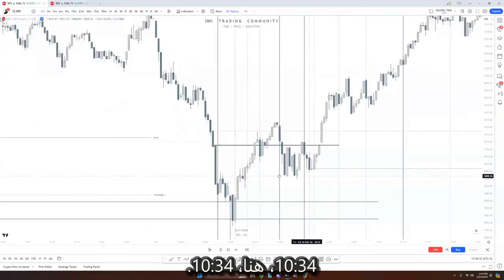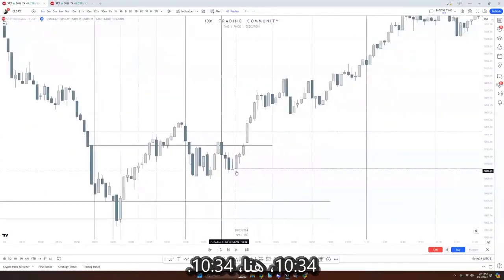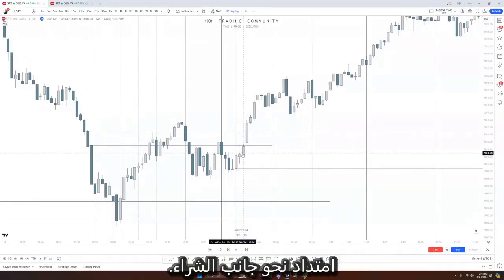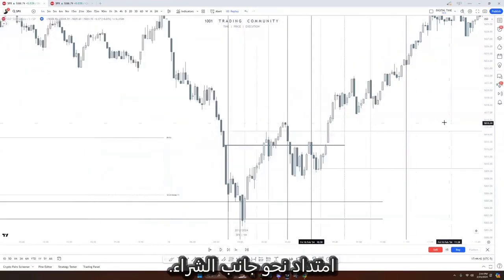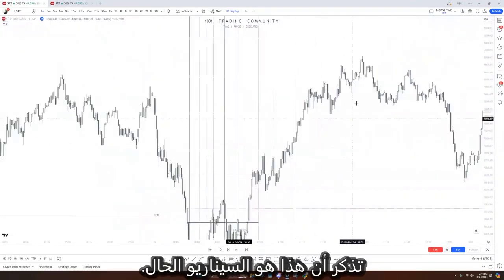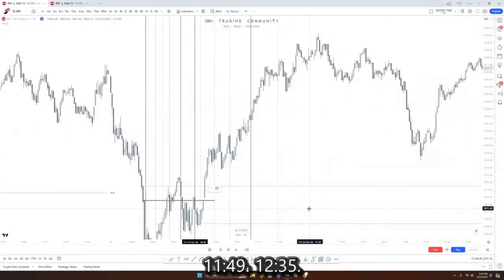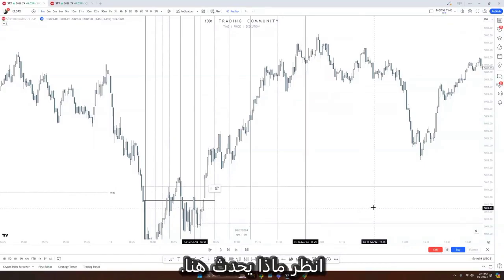10:34. Right here. 10:34. Because that is bullish, and we're respecting that bullish PD array down here. 10:34. Expansion towards buy side. Remember, best case scenario, 11:49, 12:35. Look what happens here.